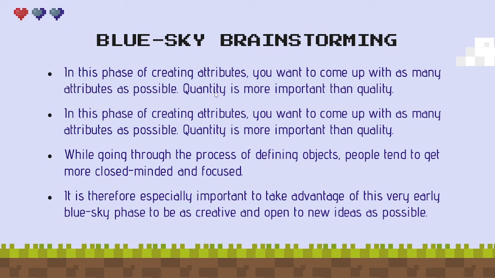You just need to conceptualize whether this attribute will have a factor in the game. If none, remove it. If yes, retain it. We can go through that process more easily if we have many attributes, because it's easier to remove than to add. Okay?